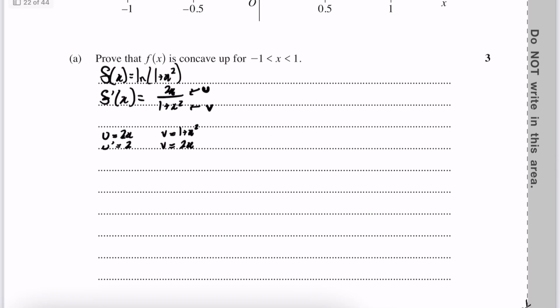We know that f double dash x would be equal to the VUV rule, which is v u dash minus u v dash over v squared.